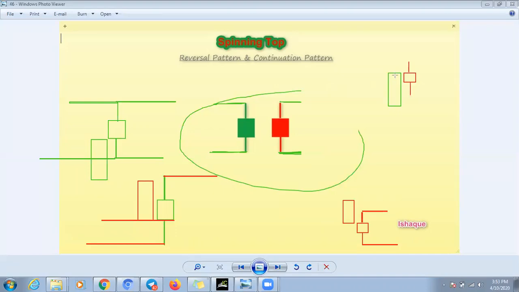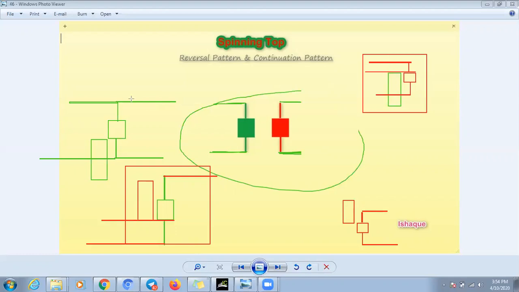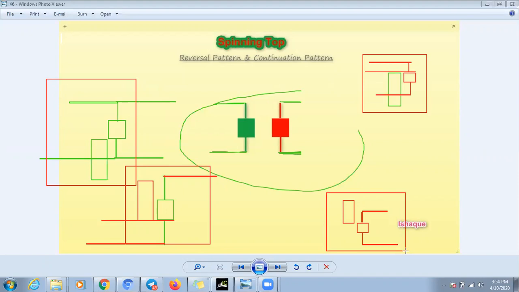Now it's confirmed that this is the color change, the SNR: one level, two levels, and this is the third level. So in this case you can add one level more. But if you find the same color, then the only levels are two. So where can it be a reversal pattern?